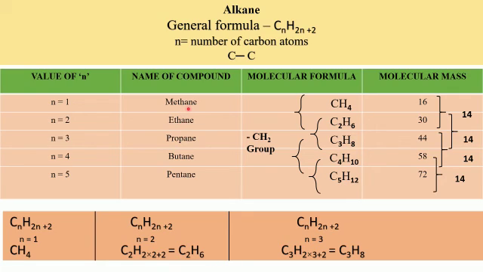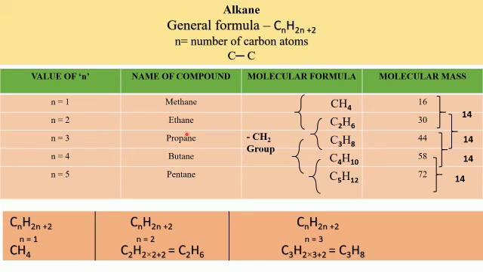Similarly, you will also find that every word ends in ane, and that is taken up from here, that is alkane, ane. This is called the suffix. The suffix denotes the type of bonds that are present in any carbon chain. So suffix will tell you about the type of bond.